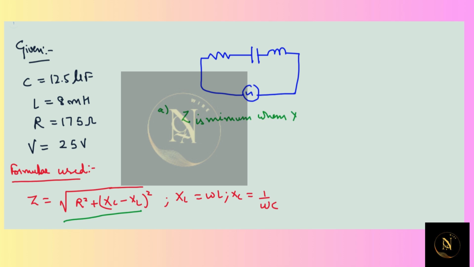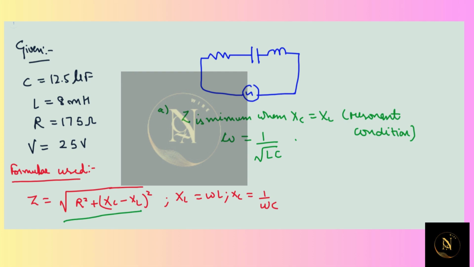when XC is equal to XL, which is the resonant condition or resonant frequency. So we have XC equals XL, which means omega is equal to 1 over root LC. At this condition, we will have Z minimum.